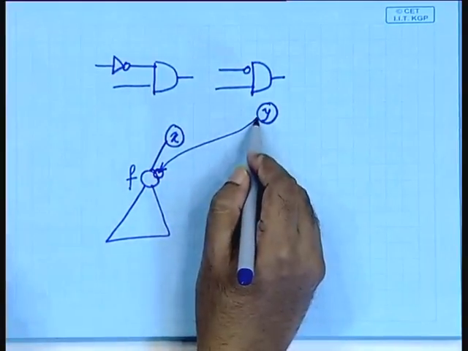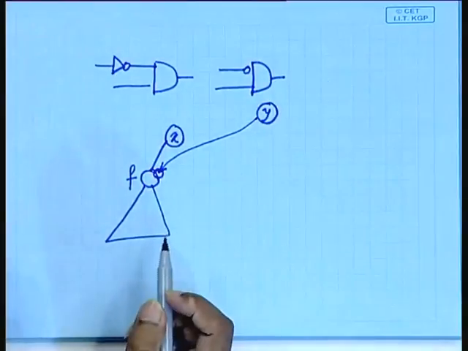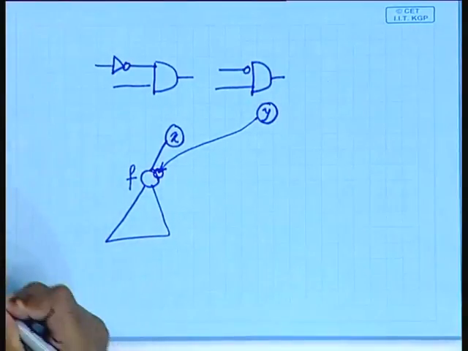So, it is an edge which has a special characteristic, a sign, okay, whether it is a positive edge or a negative edge. This leads to a significant reduction in the size of the BDD. So, BDD packages regularly use that, but let us not get into that.